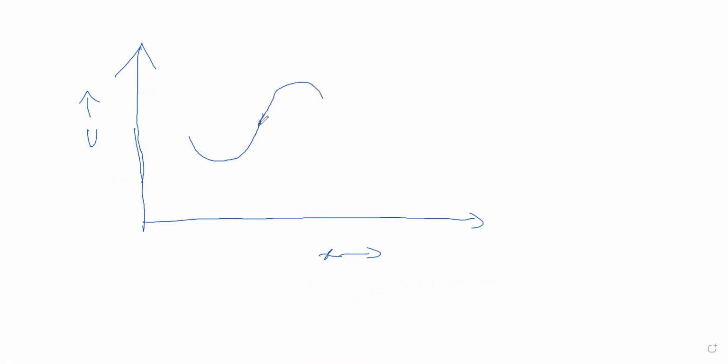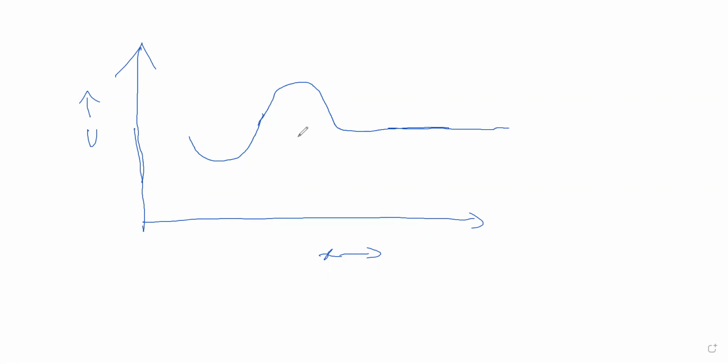Suppose you draw the U versus X curve, something like this, then it moves like this, and then goes like this.